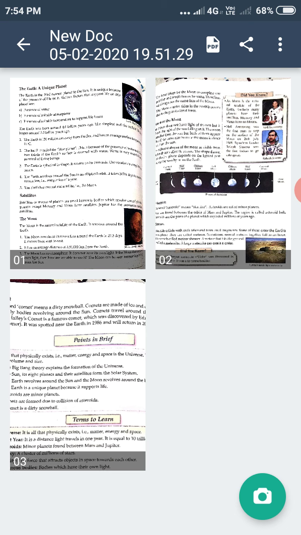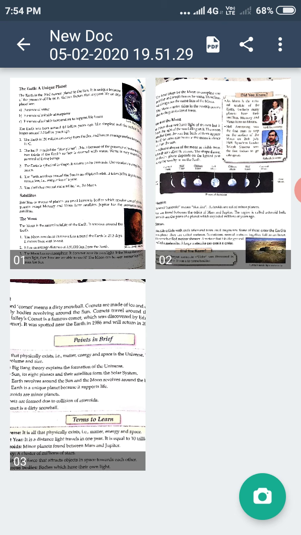Water is present on Earth, atmosphere is present on Earth, and the temperature of Earth is suitable to support life. It is neither too hot nor too cold. So all the suitable conditions are present on the planet Earth which support life. That is why Earth is called a unique planet.